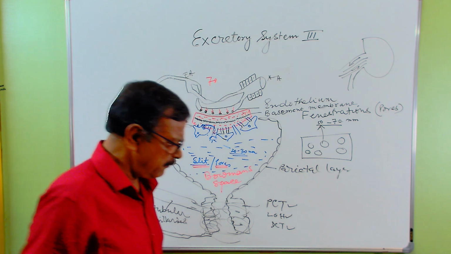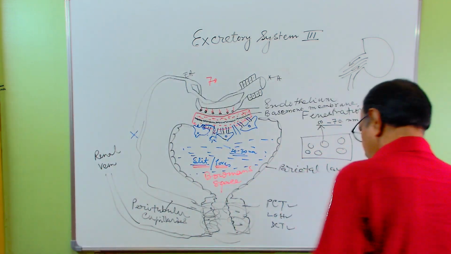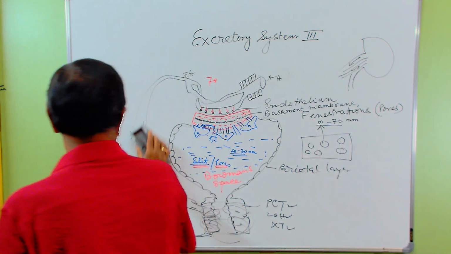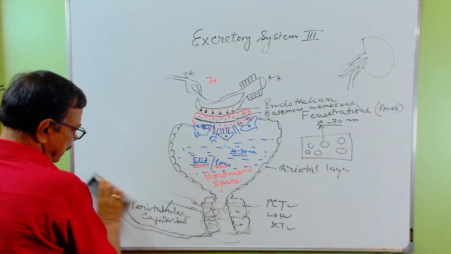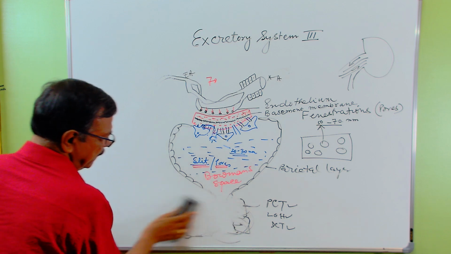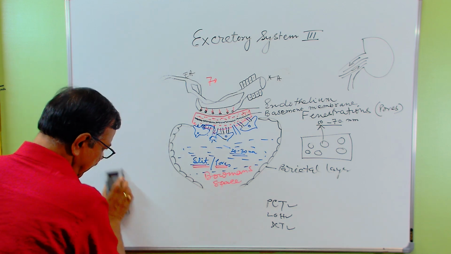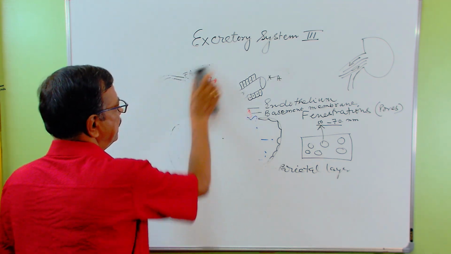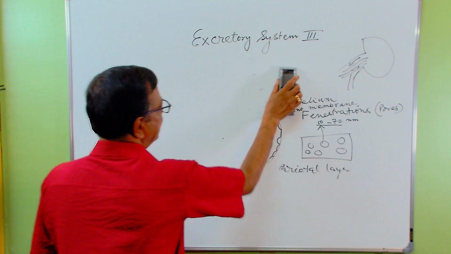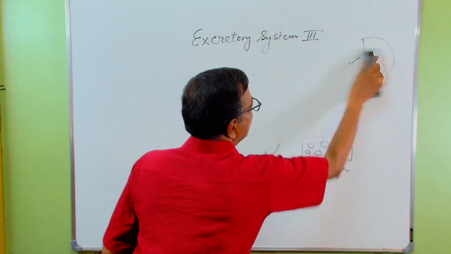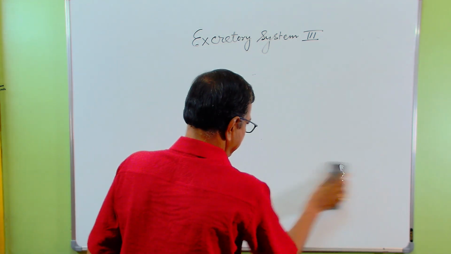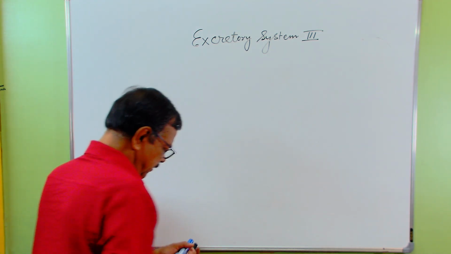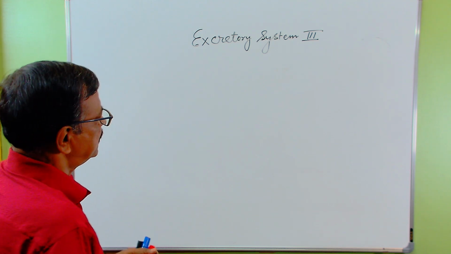Now there are 3 or 4 items or short notes which we want to highlight, but it will be worth mentioning how these 3 accessory things help, or are associated with the excretory system.